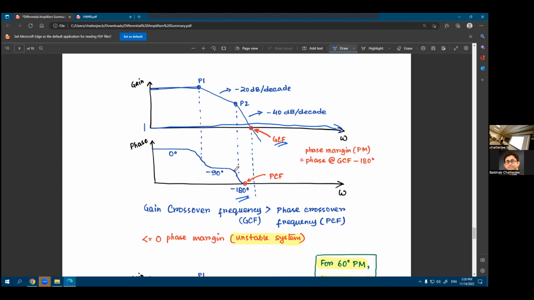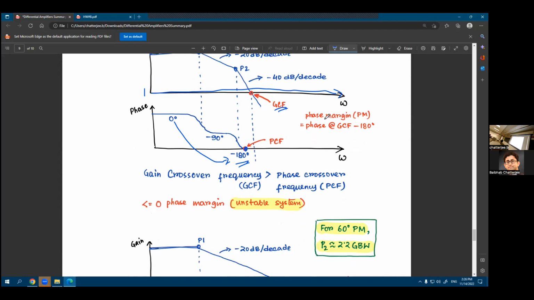The frequency where your phase will change from 0 degree to minus 180 degree, that crossover point, is called the phase crossover frequency. Okay. And phase margin is defined as the phase at GCF minus 180 degree. So whatever phase you'll have at GCF, the gain crossover frequency, minus 180 degree, that's the definition of phase margin. What's the implication of phase margin?